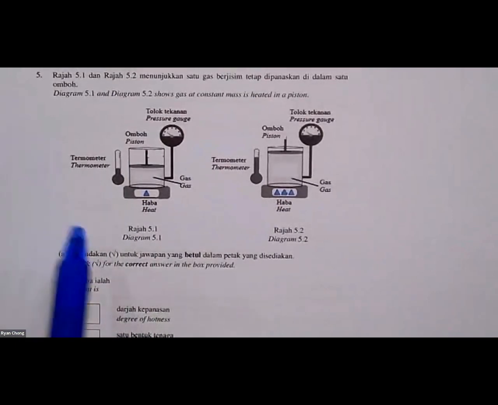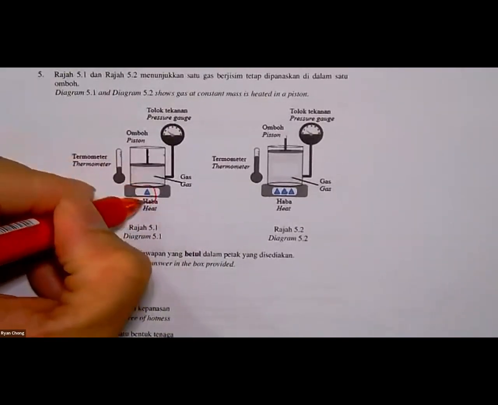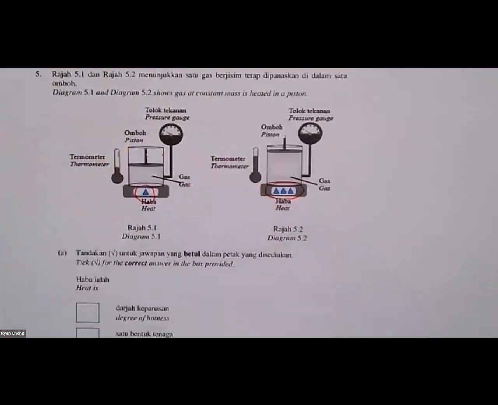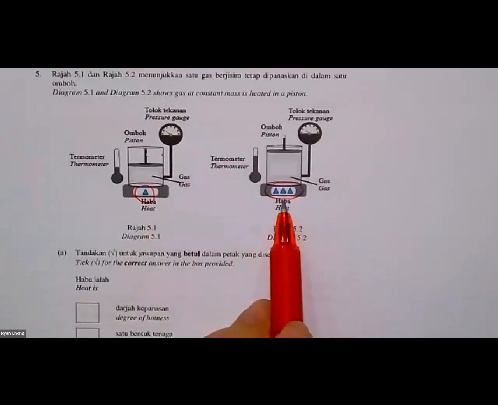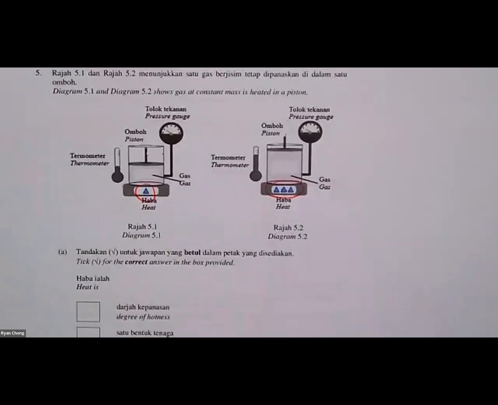So first thing, you can see that here is less heat, here is more heat. So of course, with more heat, the gas will expand. That's why the volume increases.